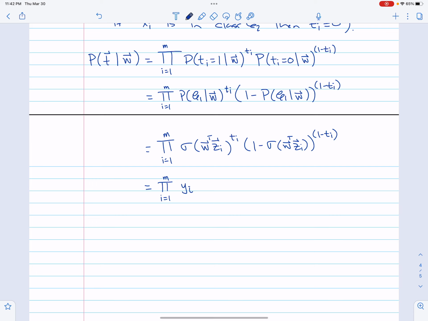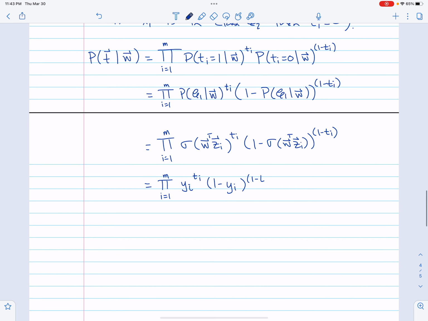I'm going to call this yi to the ti times 1 minus yi to the 1 minus ti, where yi is equal to sigma of w transpose times zi. Okay?